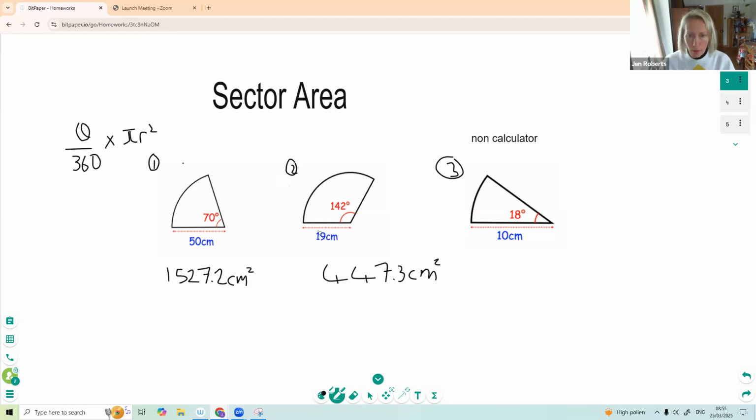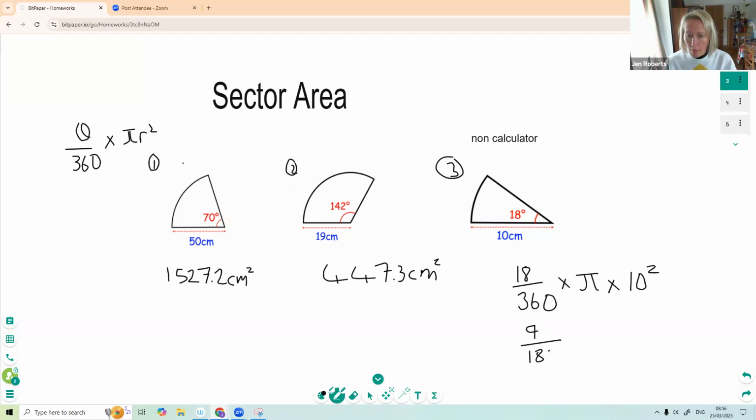This third one, without a calculator, let's look at all the working out here. 18 over 360 times pi times 10 squared. So I would halve both of these first of all to get 9 over 180.